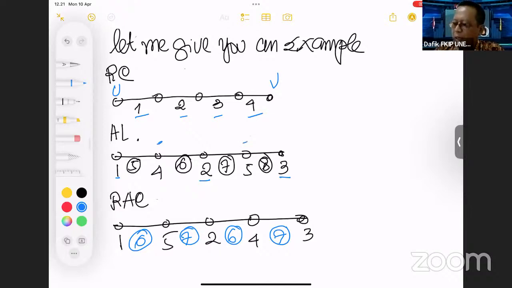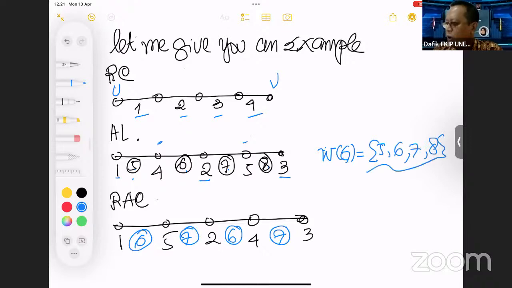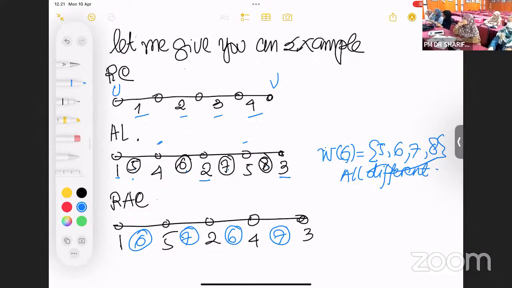Then we consider the edge weights 5, 6, 7, 8. So the edge weights of the graph are 5, 6, 7, 8. They are all different, and we consider this as an antimagic labeling.